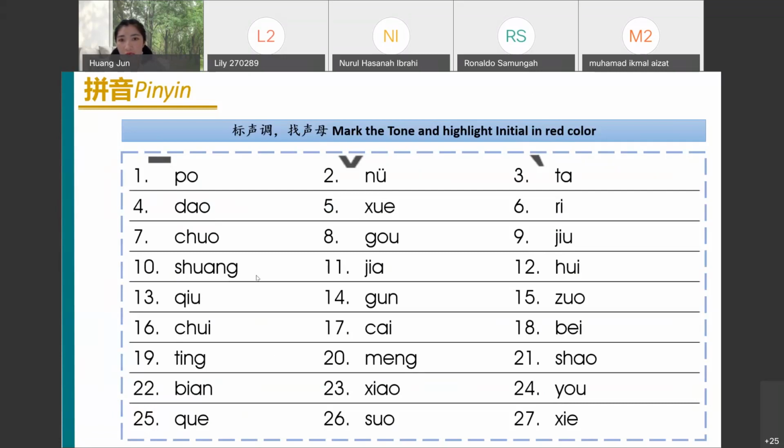After you finish writing, take a photo and post it in our WhatsApp group. I will give you 5 minutes for this exercise. You have to put the tone mark for the letter, then highlight the initial in red color. After that, take a photo and post it in the WhatsApp group. Starting from now.